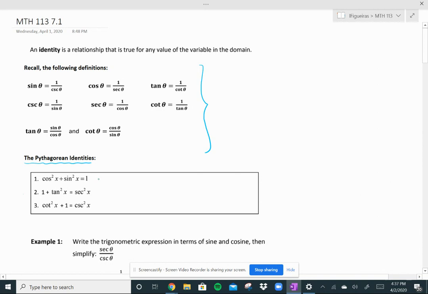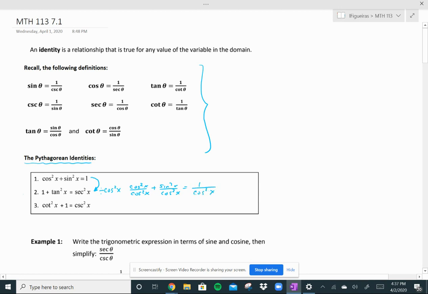second and the third. So you can derive the second one by dividing everything in the first identity by cosine squared of x. And if you do that, you get cosine squared of x over cosine squared of x, sine squared of x over cosine squared of x, and 1 over cosine squared of x.